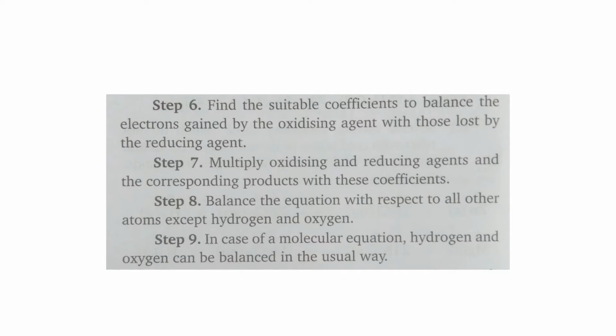Step 7: multiply the oxidizing and reducing agent and the corresponding products with these coefficients. Step number 8: balance the equation with respect to all other atoms except hydrogen and oxygen. Then, in case of molecular equation, hydrogen and oxygen can be balanced in the usual way.